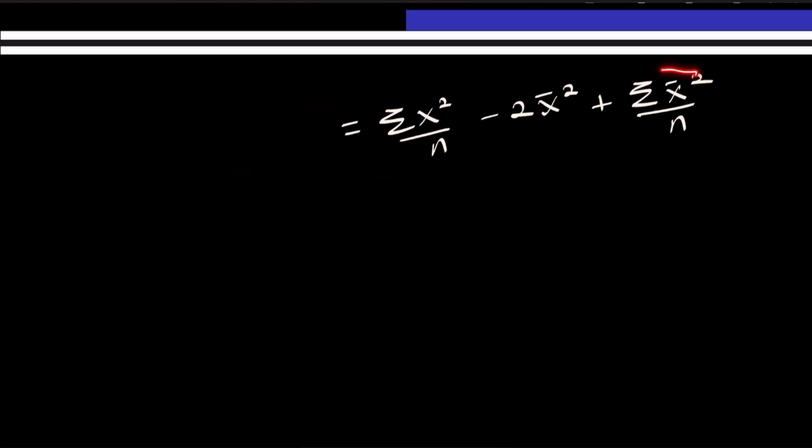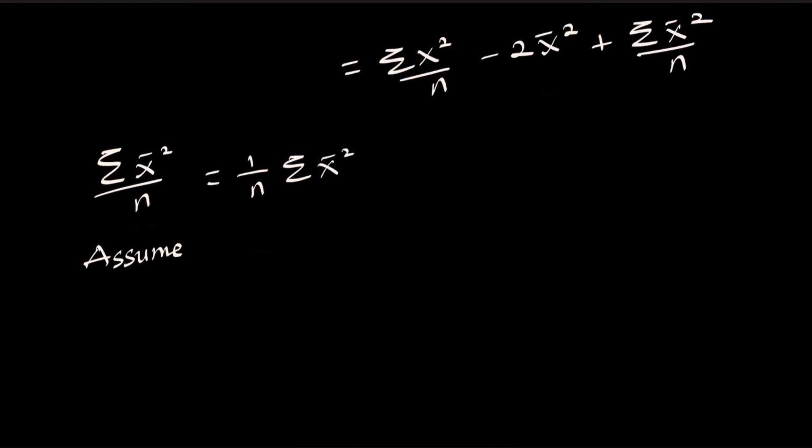So here let's focus on the last term. We have summation mean squared on n, which is the same as 1 over n summation mean squared. We know that the mean is a constant, right? Let's assume that the mean is equal to 2, which implies that the mean squared is going to be 4, or 2 squared.